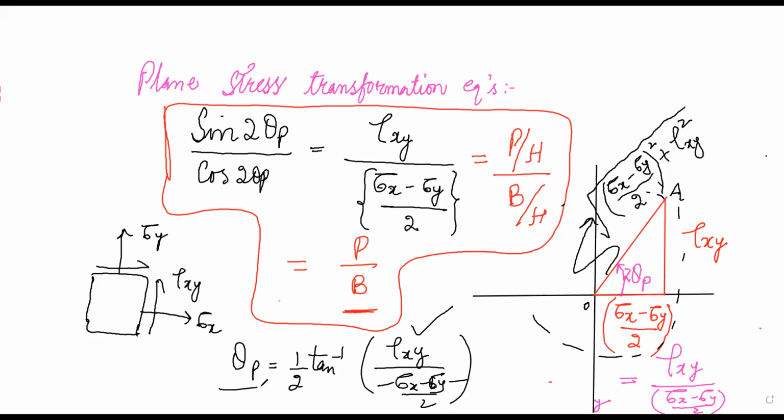Now the question is, at this value of theta p, how much is our maximum value of the normal stress? For that purpose, we will take this value of theta p and substitute it back in our equation of sigma x prime. Are you getting me or not?